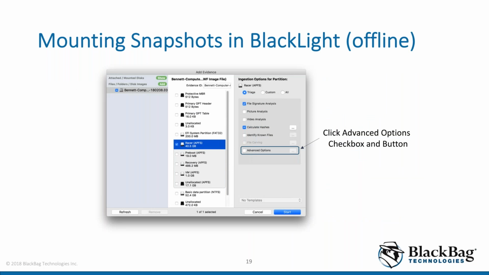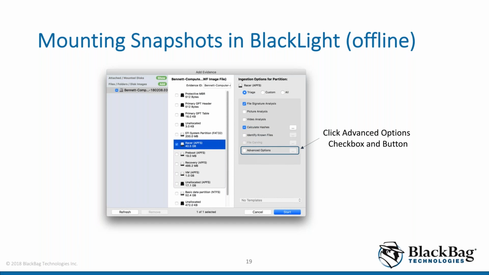How do we do it offline? Currently, we're not aware of any tools that support this, but with our upcoming version of Blacklight 2018 R3, you'll be able to analyze snapshots just as you were able to analyze volume shadow copies in the current version of Blacklight. You'll bring in your image, and you'll get the familiar add evidence screen that you always see in Blacklight, and you select which APFS volume you would like to process.